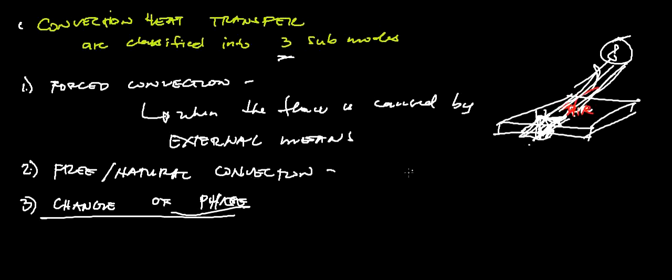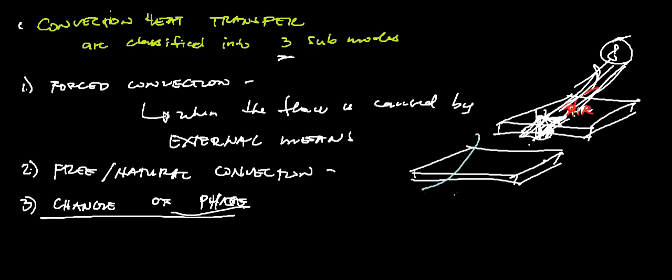While when we have natural or free convection, say this is your flat surface again, then say there are buoyancy forces due to the temperature difference, which are due to the density difference caused by the temperature variation. Then, for example, your air goes along this way, going up.